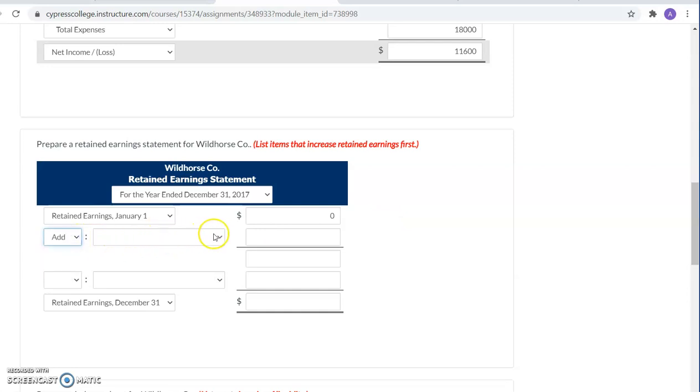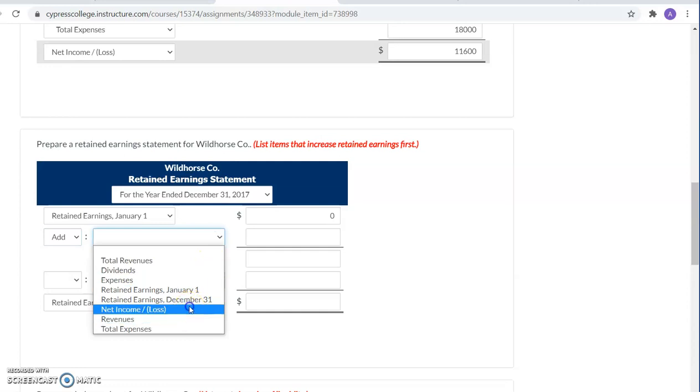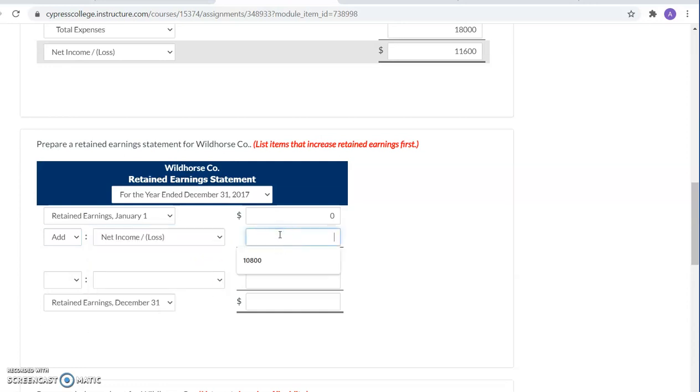We're going to add the current year's net income, which is the $11,600, coming from our income statement. So we're using the same number from the income statement as part of the retained earnings statement. Then you'll need to do a subtotal before you subtract out your dividends.